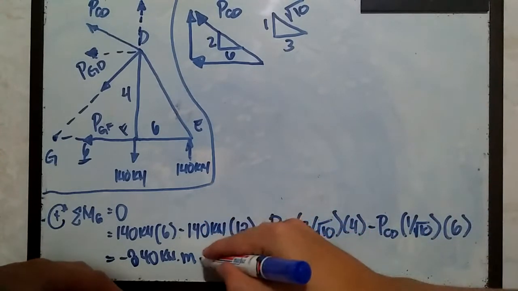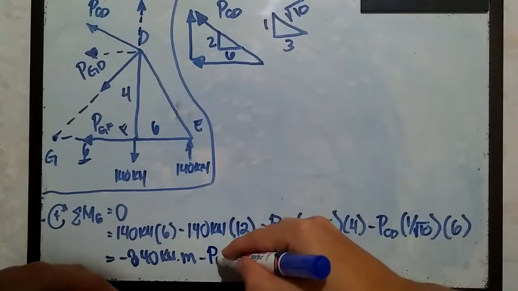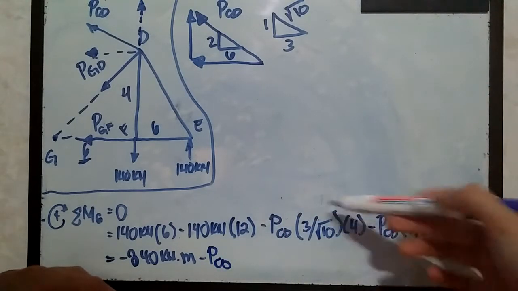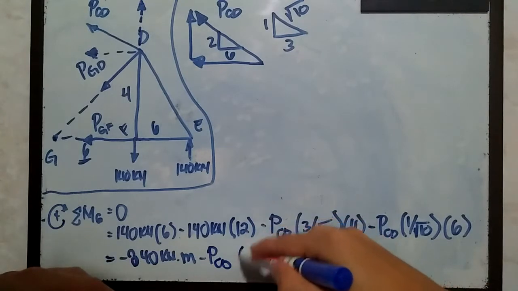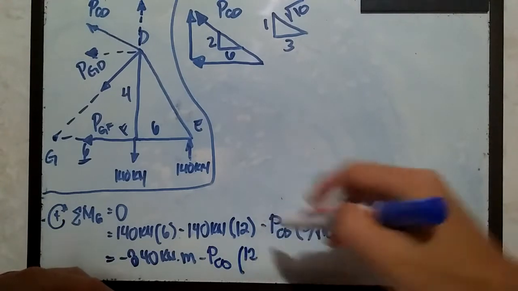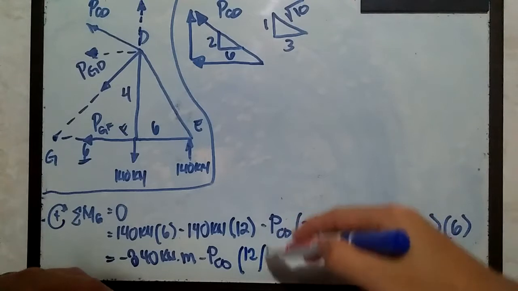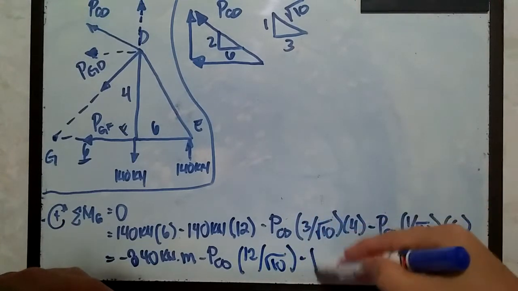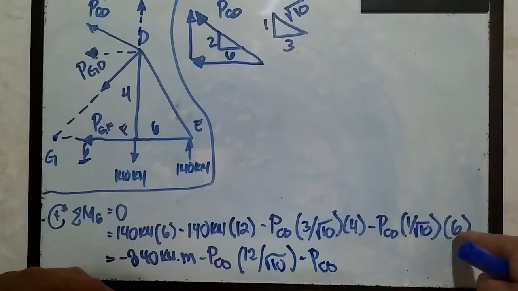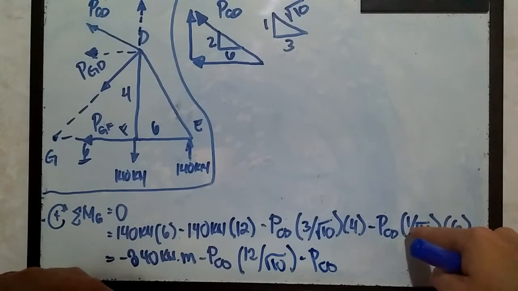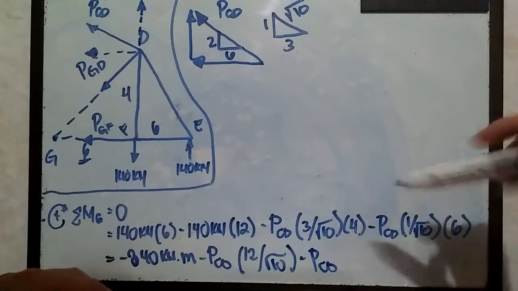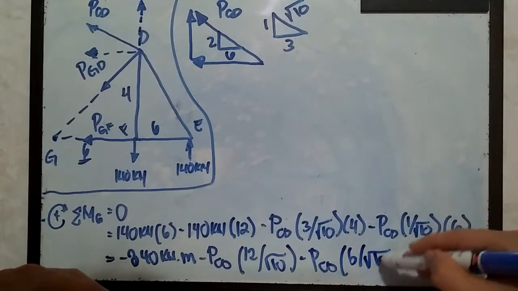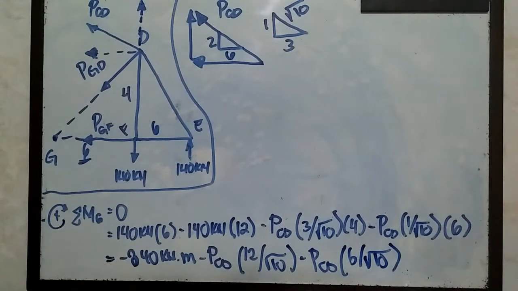So minus P sub CD, then we can simply multiply 4 by 3, so that should be 12 over square root of 10, minus P sub CD, then 6 multiplied by 1 is simply 6 over square root of 10.